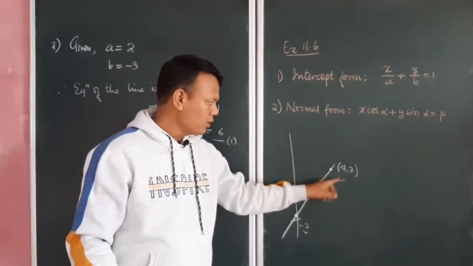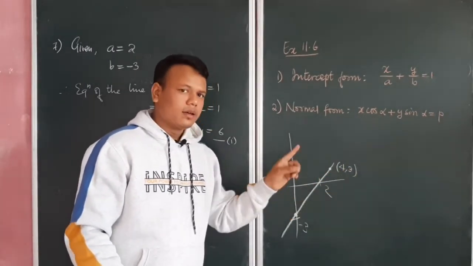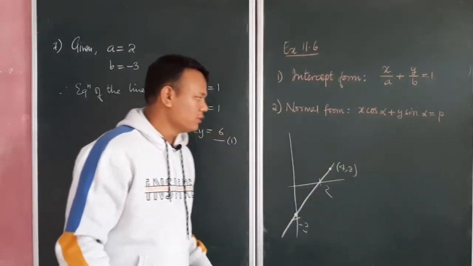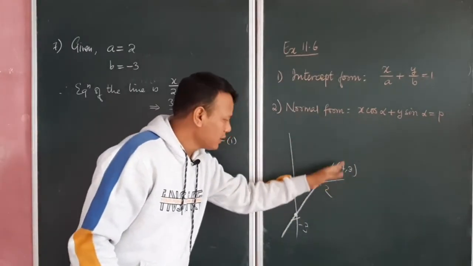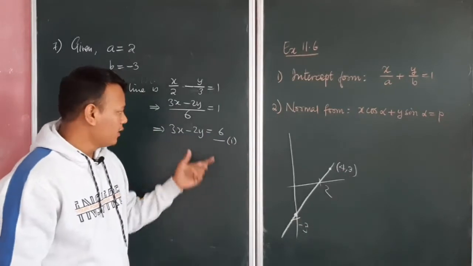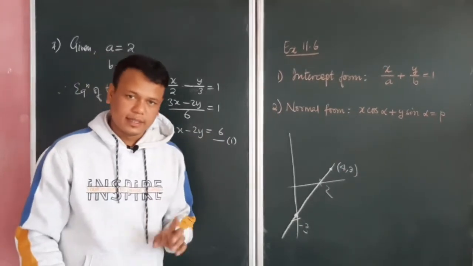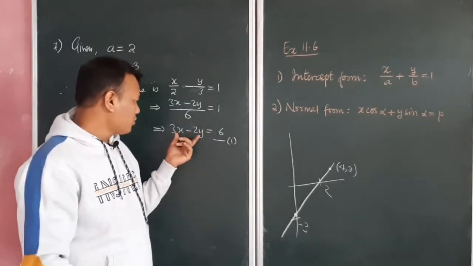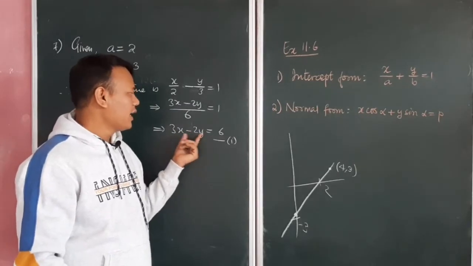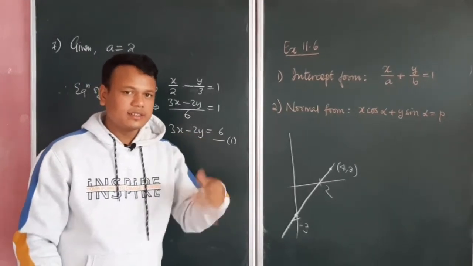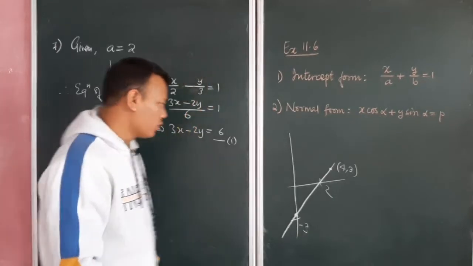That is the meaning of a point lying on the line. If this point lies on the line, then the equation has to be satisfied. That means if I substitute the values of x and y in the left hand side, I should get 6. Let us see whether we will get 6 or not.